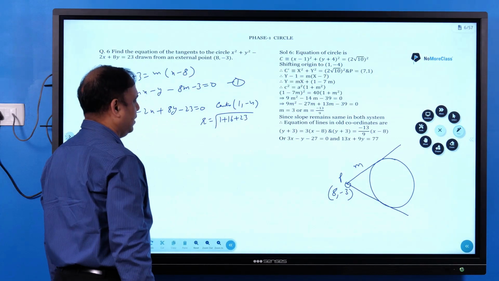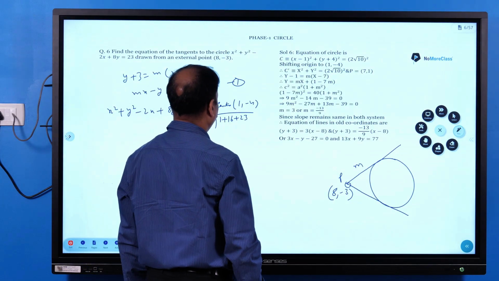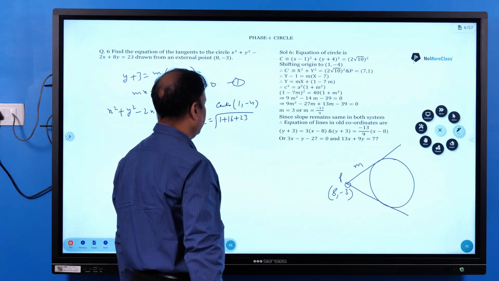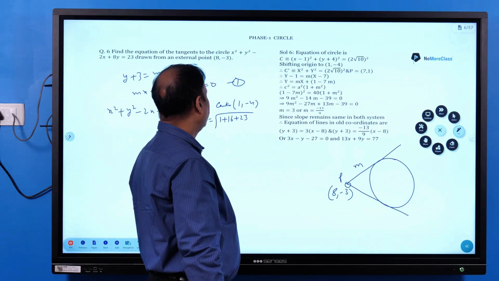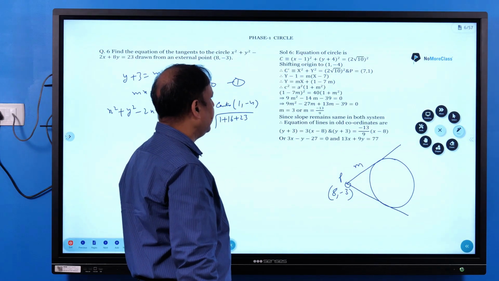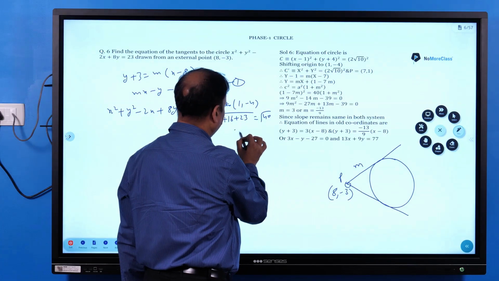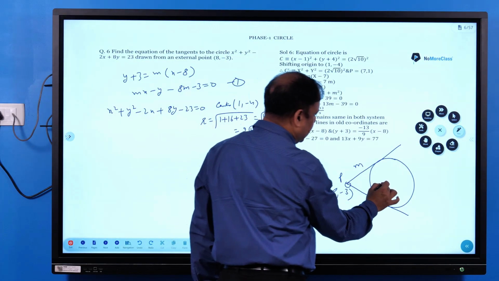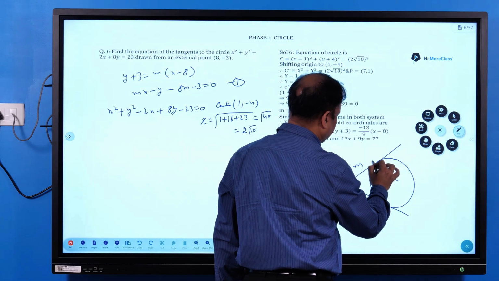So 23 and this is 50, so the radius is under root 40. Under root 40 is 2√10. This is the radius. So the perpendicular distance of this line from the center must be equal to the radius.